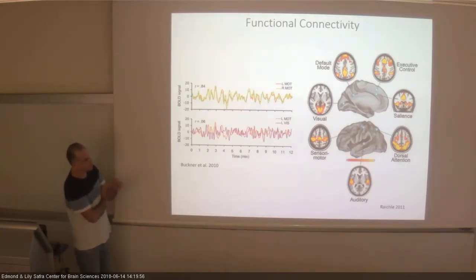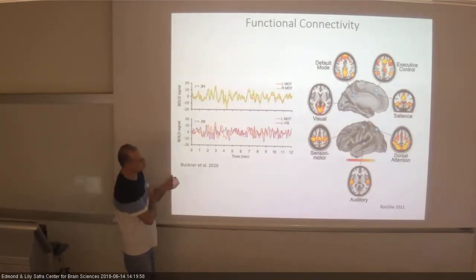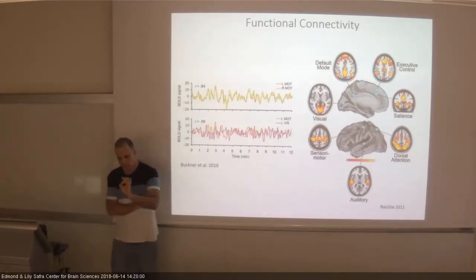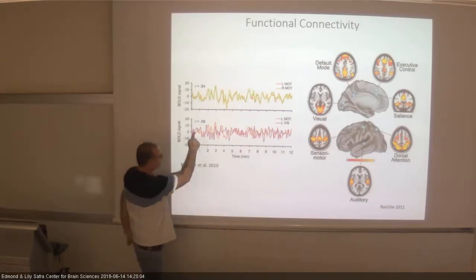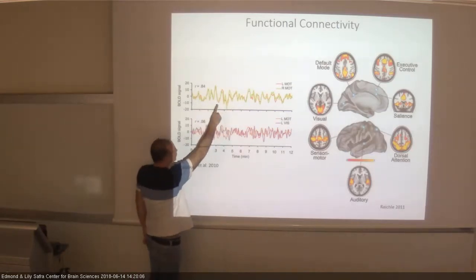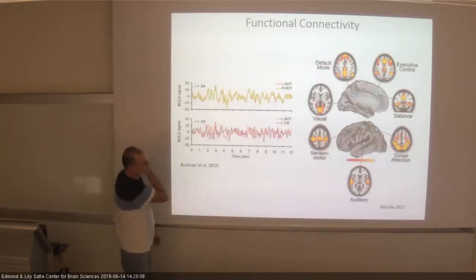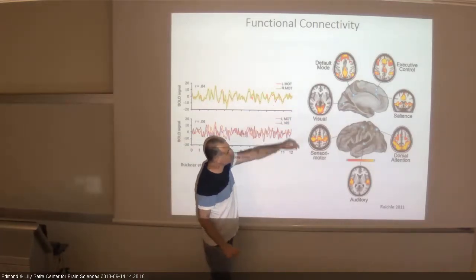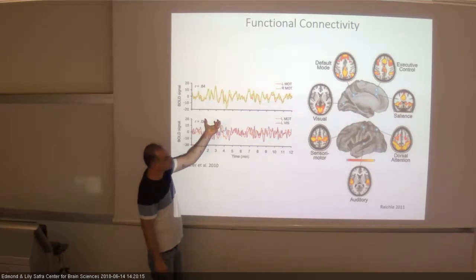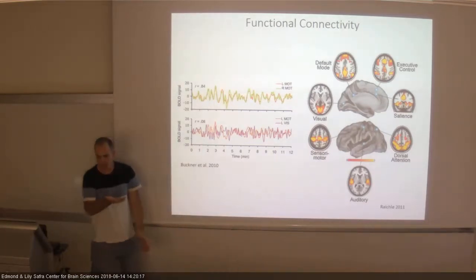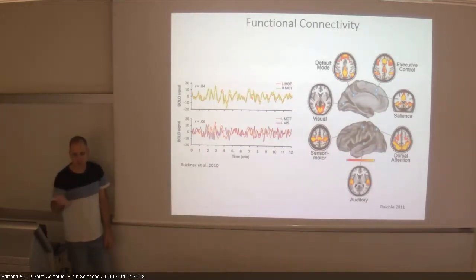And then you can put a seed somewhere, like a group of voxels. You have the average time course. Let's say the green one is an average time course of a region in the right motor area. And in this case, when you have the seed, you check throughout the brain which voxels show considerable correlation between their timeline and your seed timeline, okay?